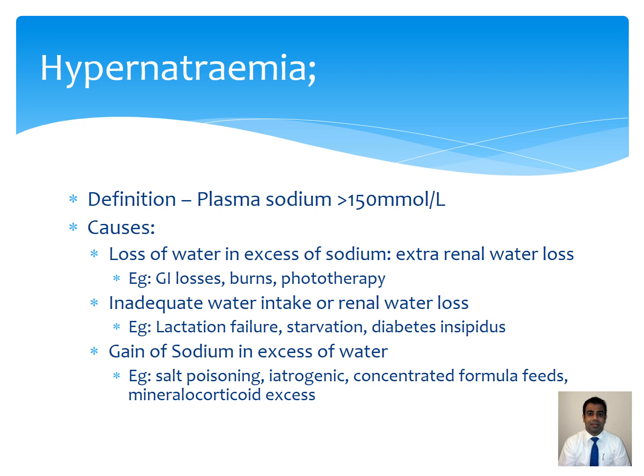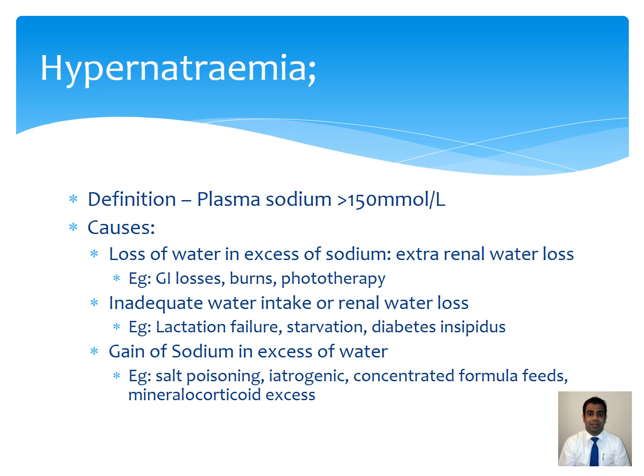The second cause of hypernatremia is when there is inadequate water intake, or when there is excessive renal water loss. So again, the water intake is low, or the renal water losses are high, where the sodium remains static to a certain extent.